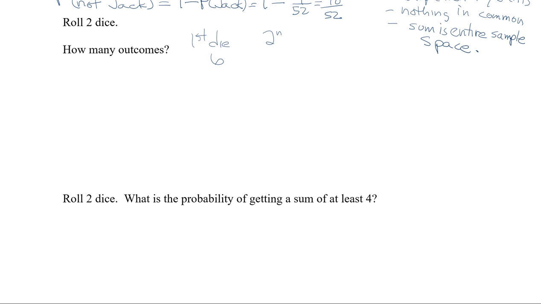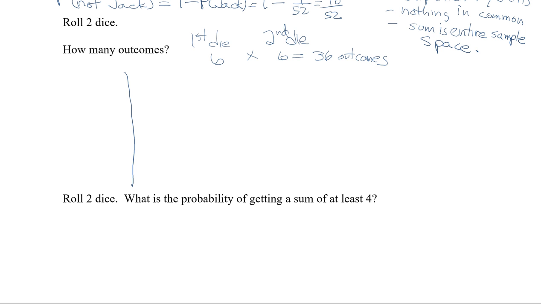On the second die, there are 6 outcomes. So there's 6 times 6, or 36 outcomes.